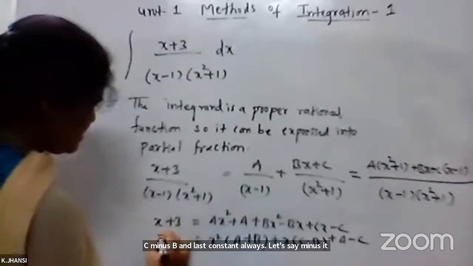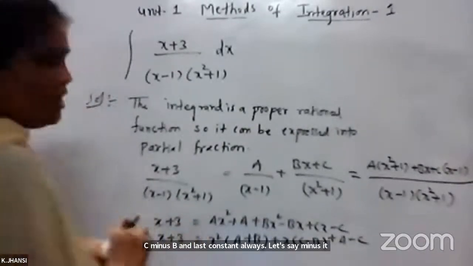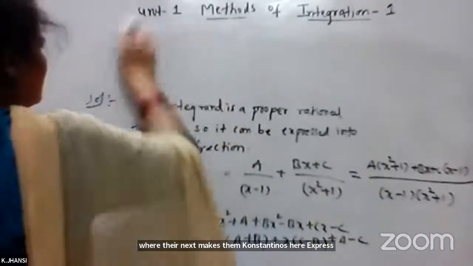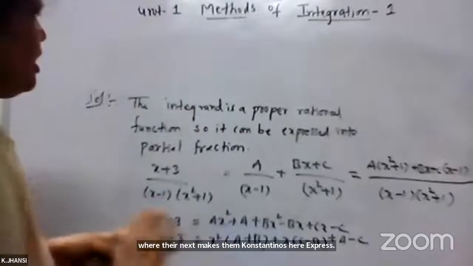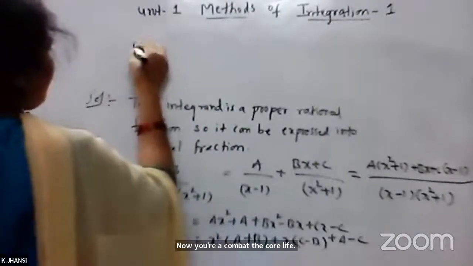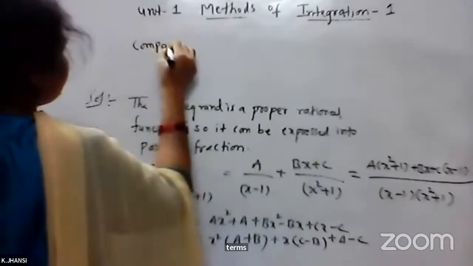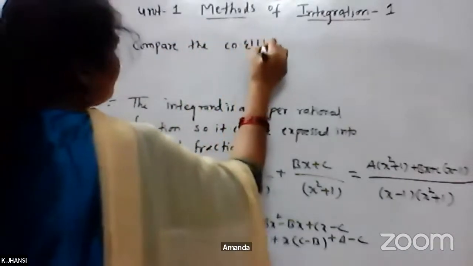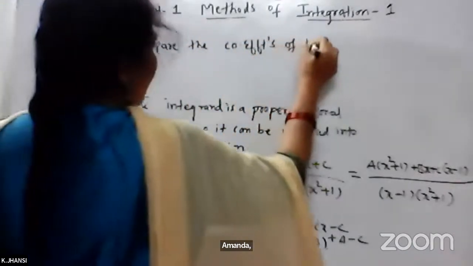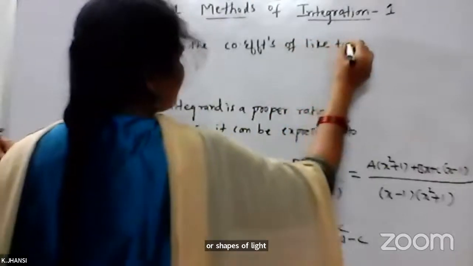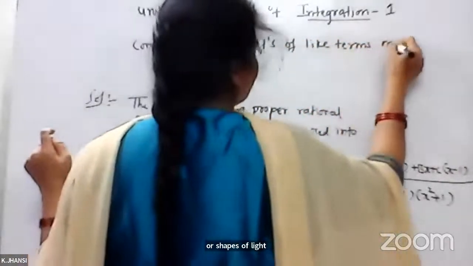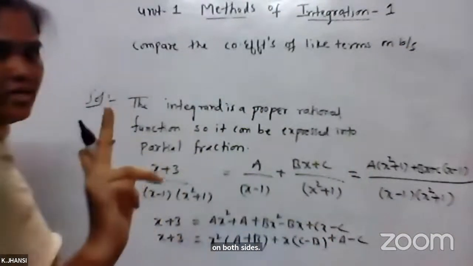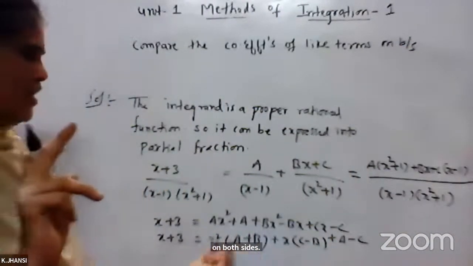Here x plus 3. Now compare the coefficients of like terms on both sides. Here only one x term is there, but here we have x square.